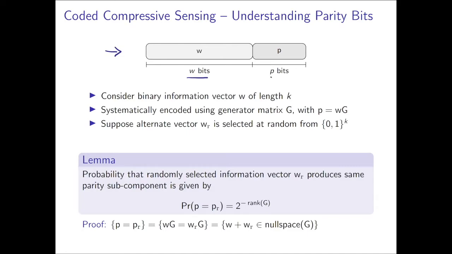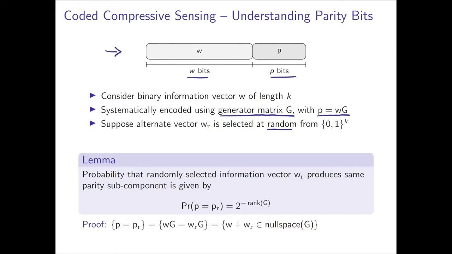The codeword is produced by systematically encoding the information bits using a random parity matrix G. So the parity bits become p equals w times G. If the bits in the random generator matrix G are chosen from 0, 1 at random with equal probability, then we can compute the probability that a random codeword fulfills a particular parity pattern.